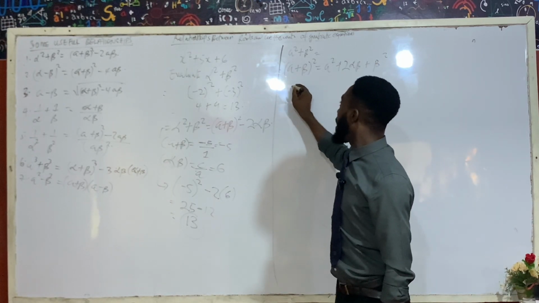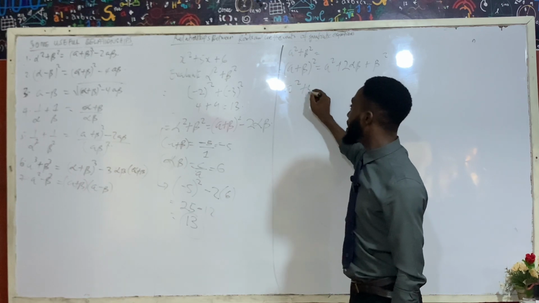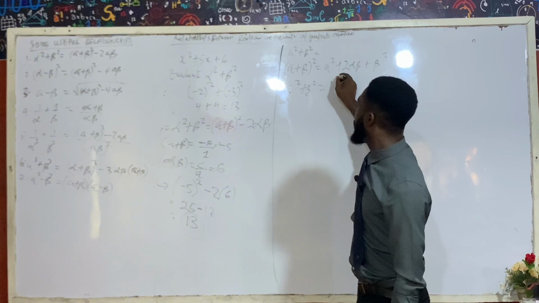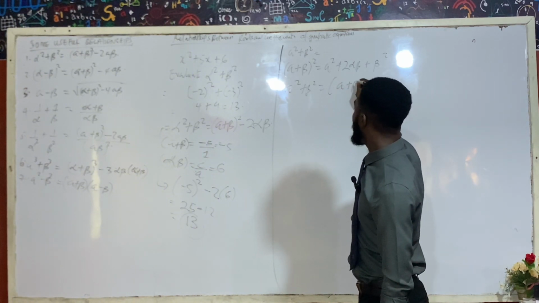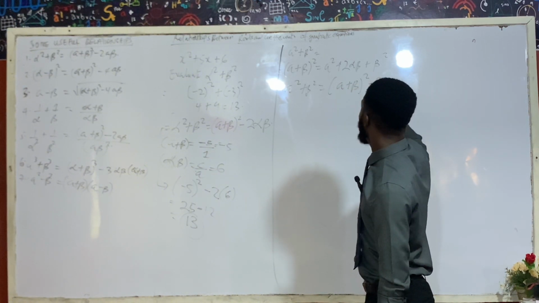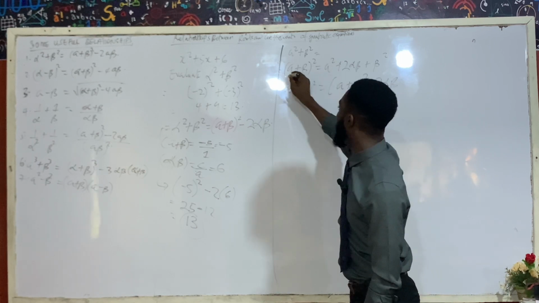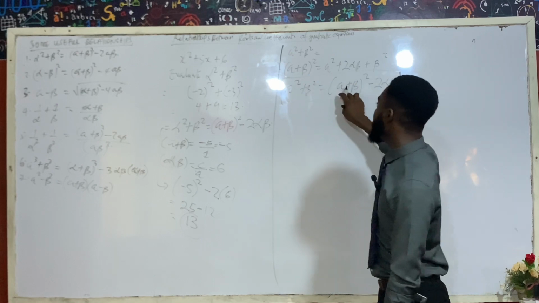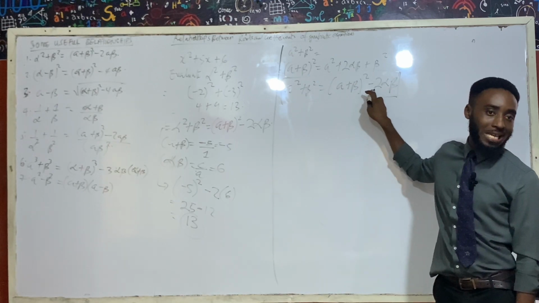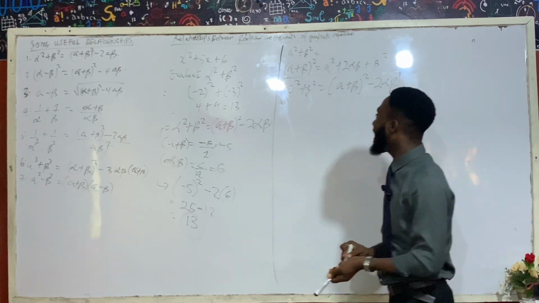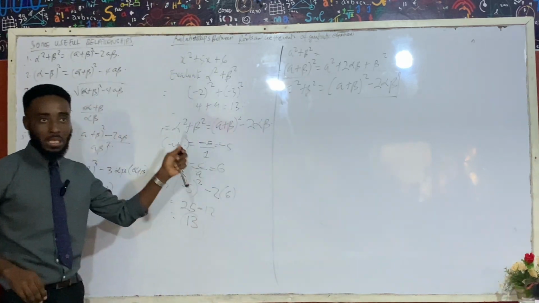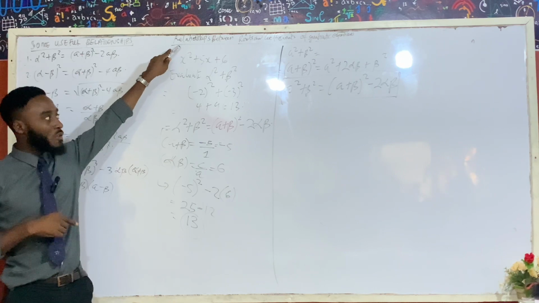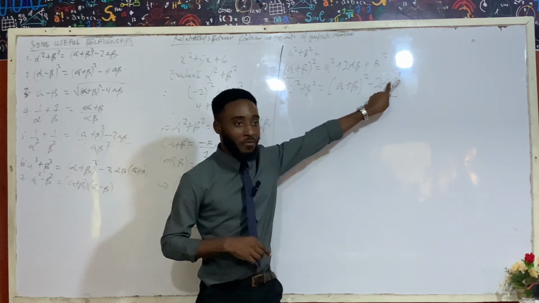So therefore, alpha squared plus beta squared will be equal to, bringing this one here, alpha plus beta all squared minus 2 alpha beta. We have it this way because we want the ends over here to be values of alpha plus beta and alpha beta, because those two are easily found from equations using minus b over a for this and c over a for this.